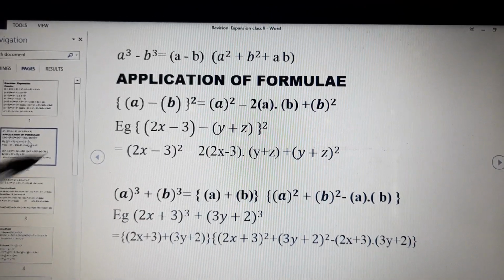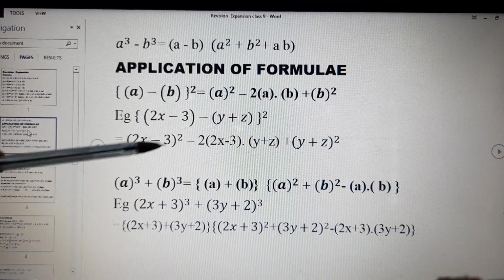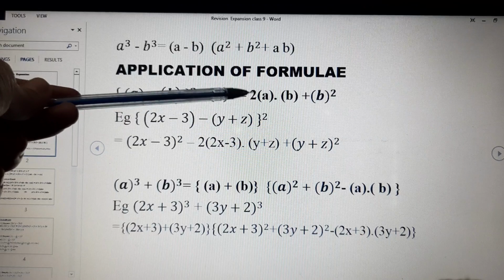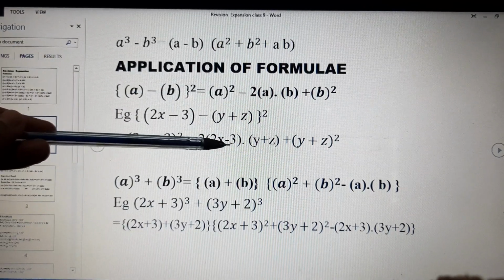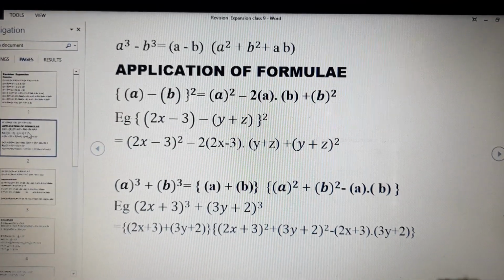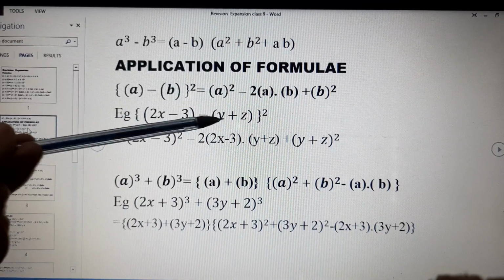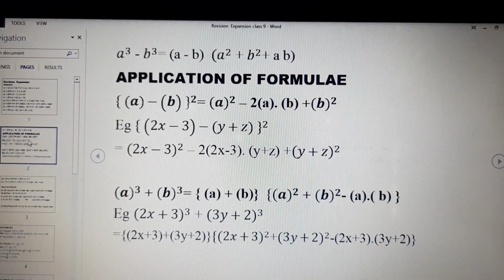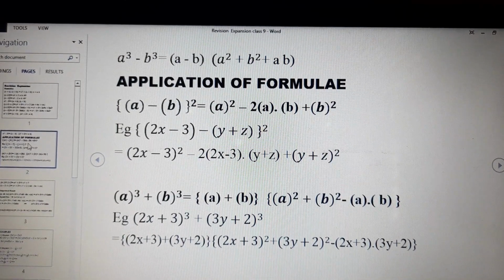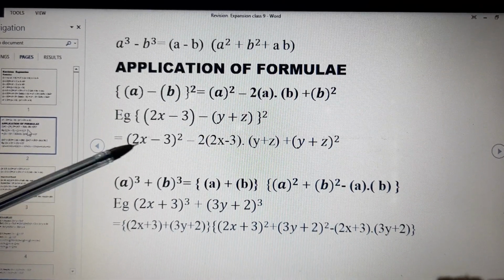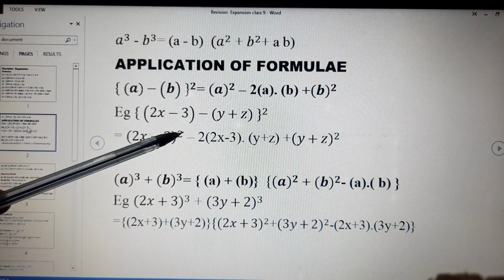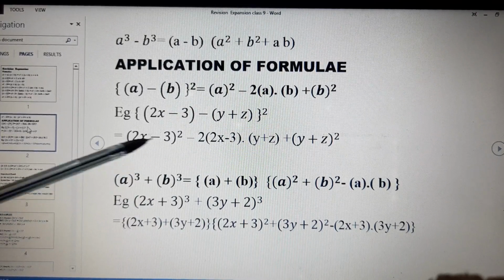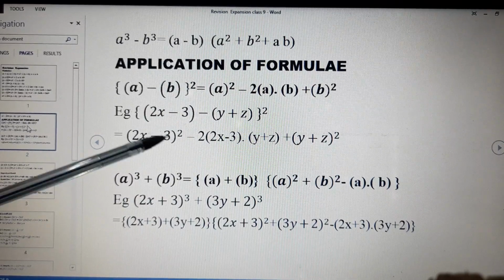Clear? So a is 2x minus 3, and a square will be written as 2x minus 3 whole square. 2 into a is 2x minus 3, b is y plus z, and here b is y plus z, so b square will be y plus z whole square. And if you want to solve it further, you have to apply the a minus b whole square formula over here. A square plus b square minus 2ab, where a is 2x and b is 3.